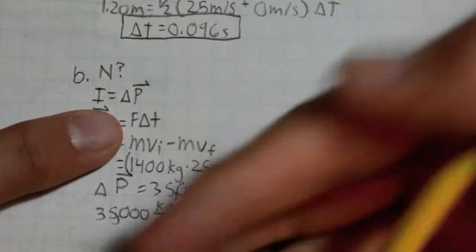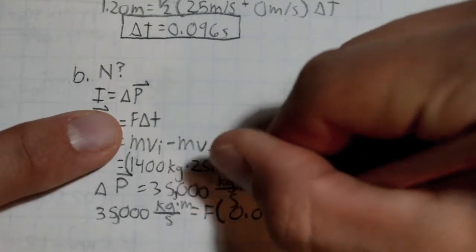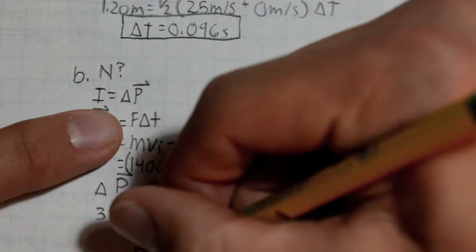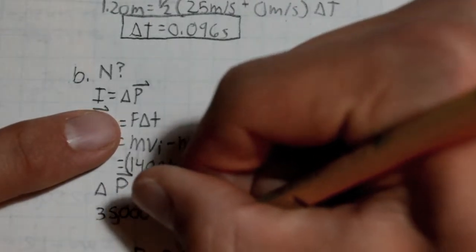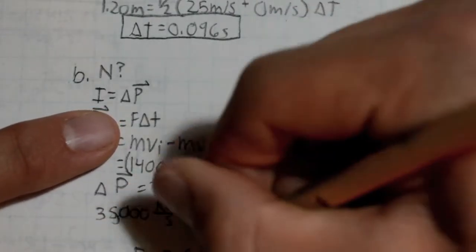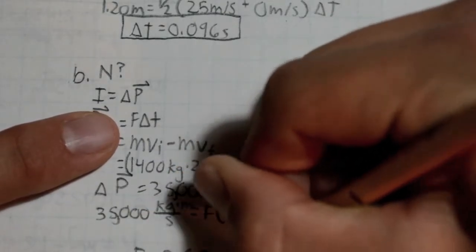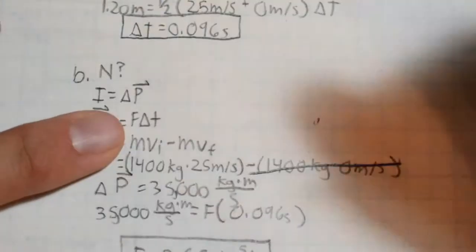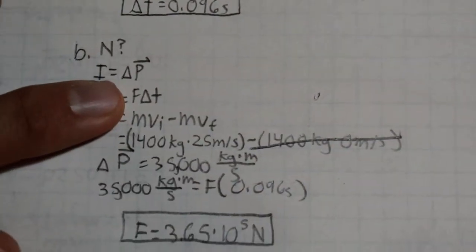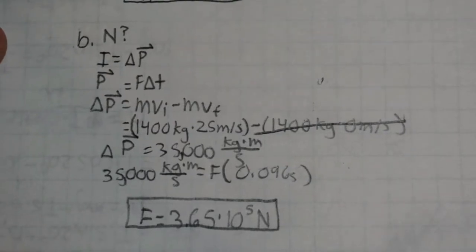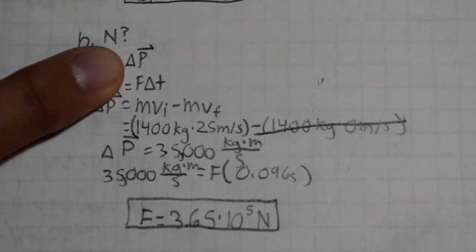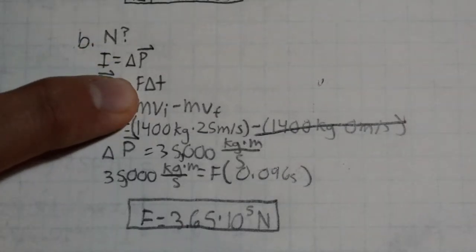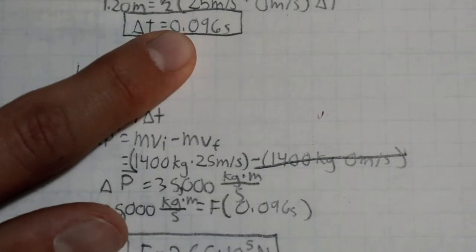I'm going to make that s smaller so we don't mistake it for 5 seconds. And then force equals 3.65 times 10 to the 5th power newtons. Whoops, you can't see that. There we go. So, to review, what we did was we found the delta momentum. From there, we solved for the force using the time that we got in Part A.